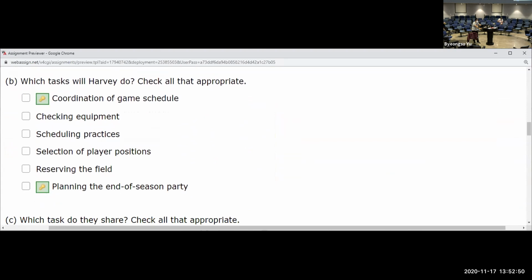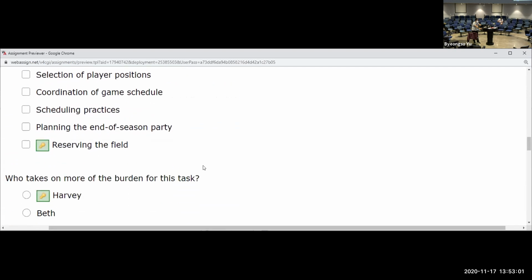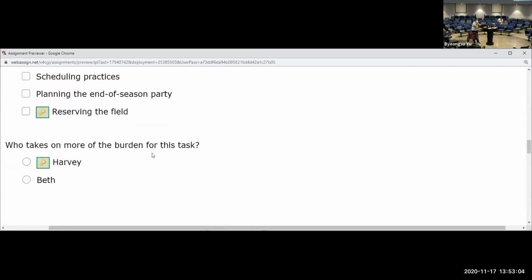And what Harvey will do is coordination of the game schedule, playing the end of season party, and part of reserving the field. So they share reserving the field. Here, who takes more burden for this task? 60% belongs to Bass, but it means that Harvey will handle 60% of it, so Harvey will take more burden on this task, right? So that's the answer to the first question.